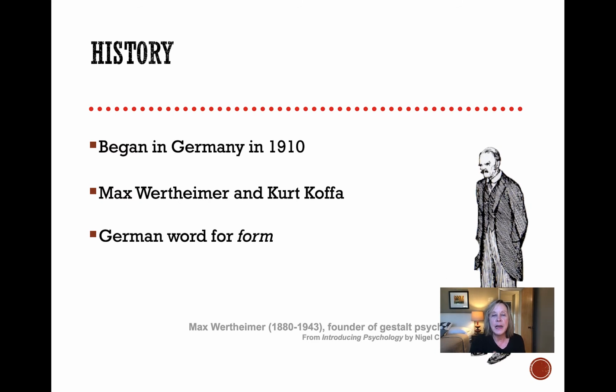You're not going to be tested on history, but just to give you a little background. Gestalt theory grew out of Gestalt psychology, which was developed in the early 1900s by two German psychologists, Max Wertheimer and Kurt Koffka.